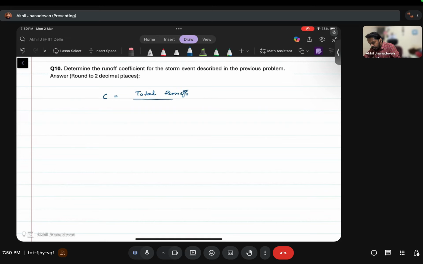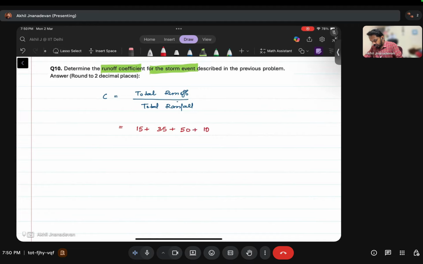They have asked in the previous question, the storm which we solved, what is the runoff coefficient? So that is very much simple.